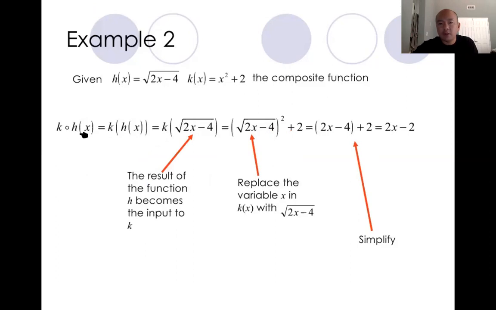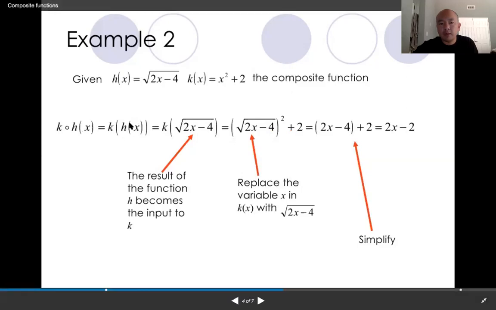Remember, you're working inside first. So you plug in the square root of 2x minus 4 inside the parentheses, then evaluate it and plug it into the k function. That's why it's the square root of 2x minus 4, squared, plus 2.